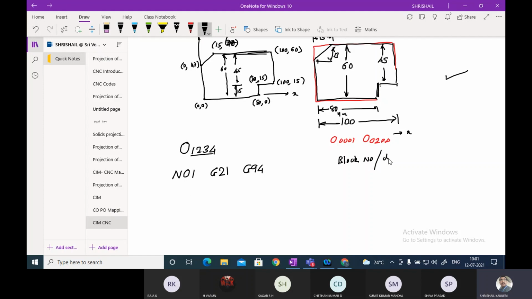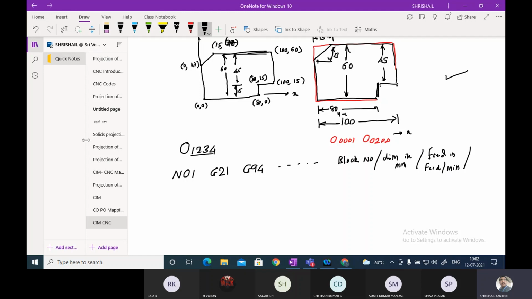The second one, dimensions in mm. The third one is feed per minute. It may be feed per revolution also. Okay, this is the statement. Any doubt you want to ask me in this?